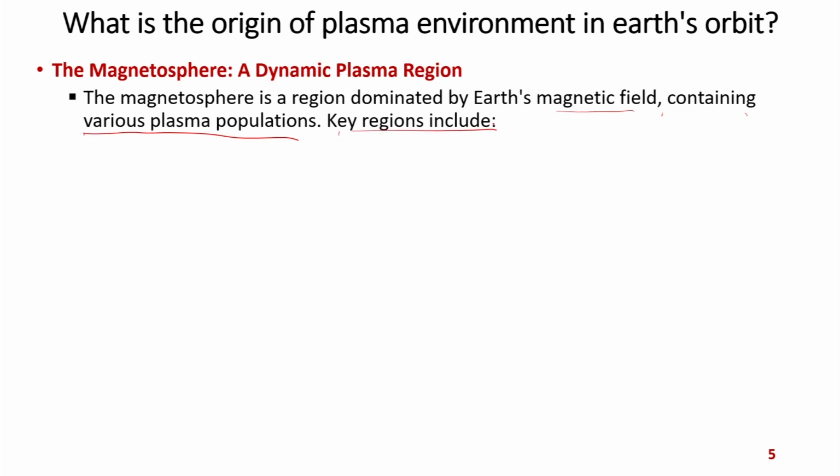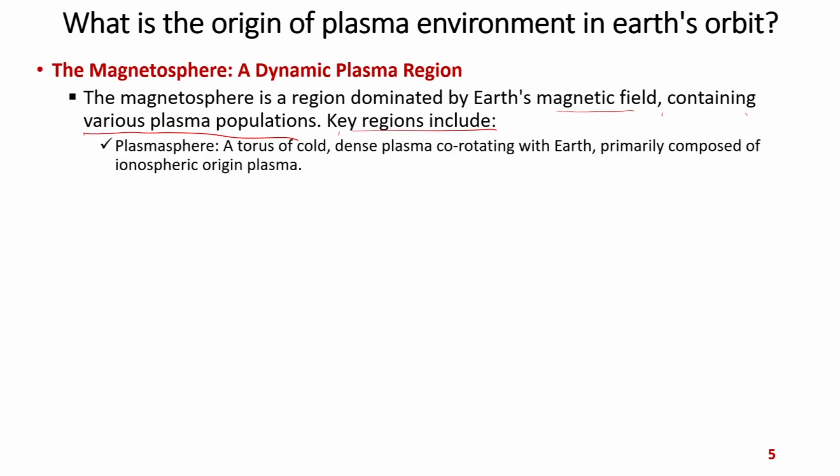So, the key regions are the plasmasphere. So, what is a plasmasphere? It is a torus of cold and dense plasma which co-rotates with Earth, primarily composed of ionospheric origin plasma. Whatever this plasma is, it originates from the ionosphere and gets trapped by the Earth's magnetic field, and it forms like a torus.